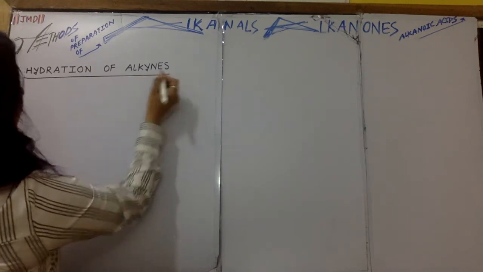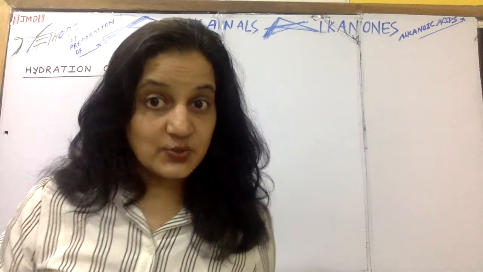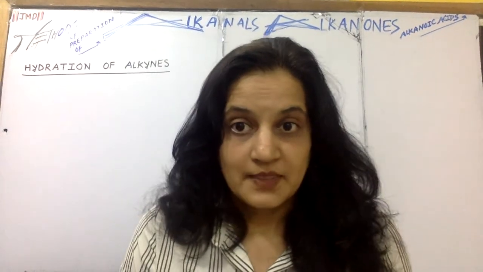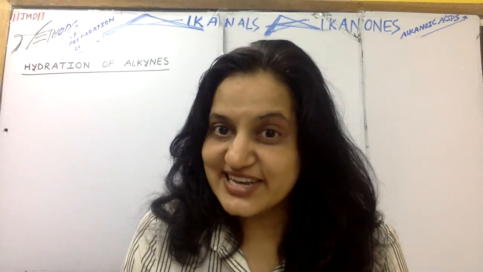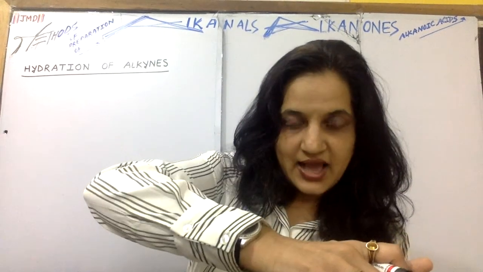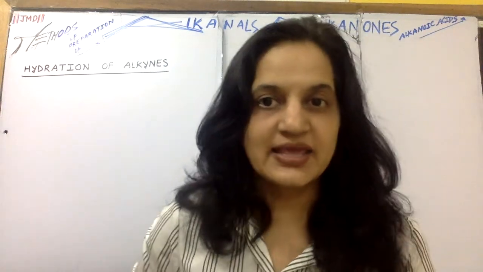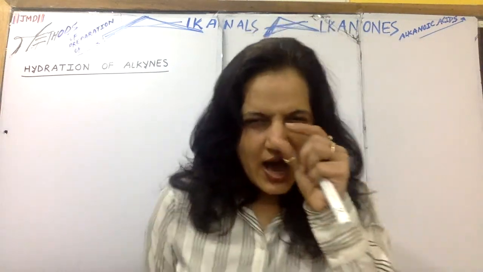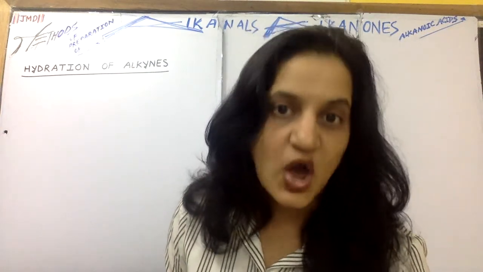When an alkyne is treated with 40% H2SO4 and 1% HgSO4, a molecule of water gets added to the alkyne and we get the corresponding aldehyde or ketone. Keto-enol tautomerism is involved in the process.